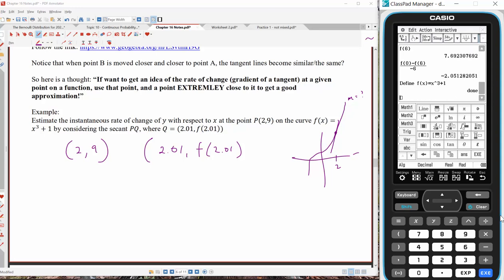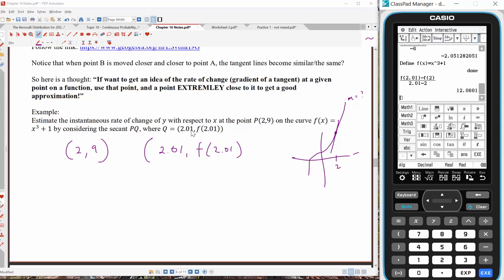This is really important that you do the function definition first. f of 2.01, take away f of 2, over 2.01 take away 2, or just 0.01. And there it is.